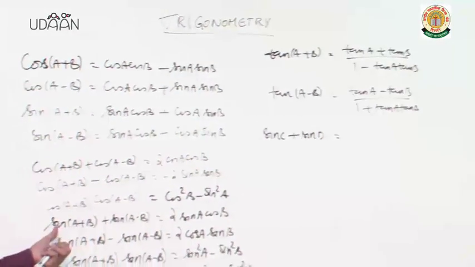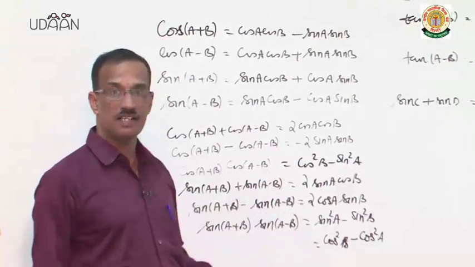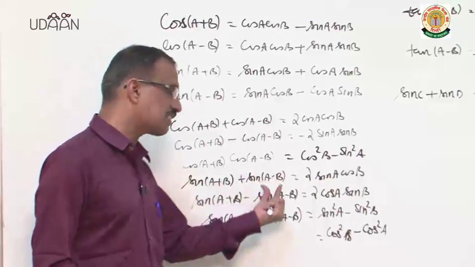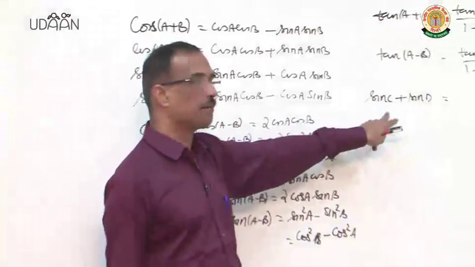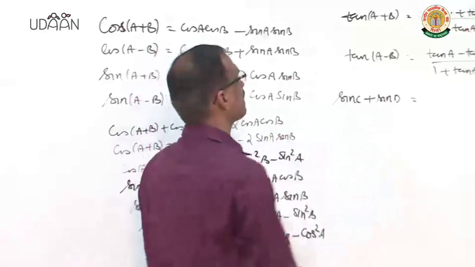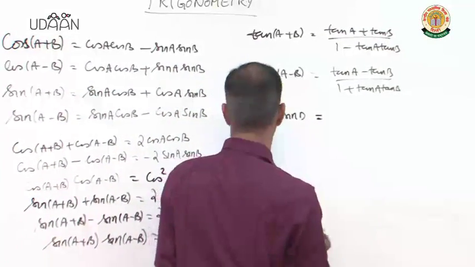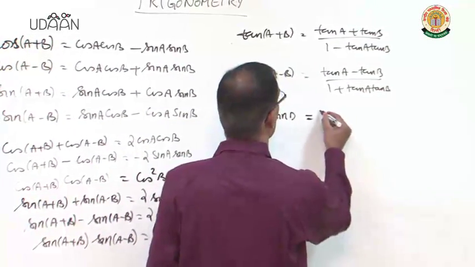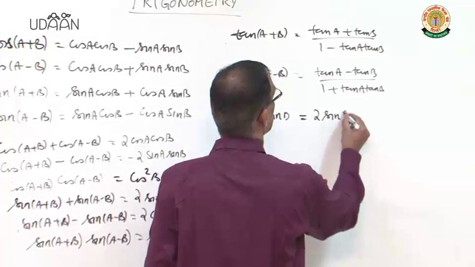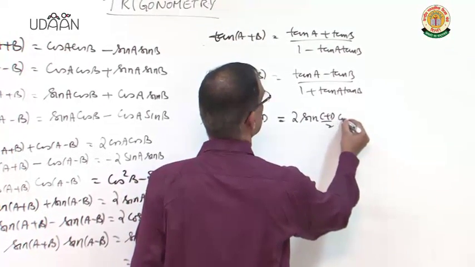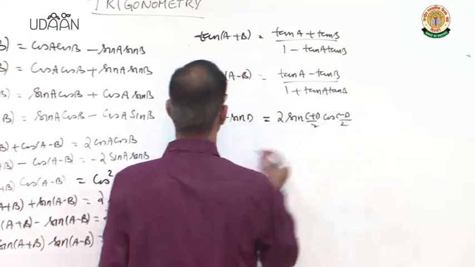Then we get sin C plus sin D. You have here sin(A+B) plus sin(A-B). If you assume this as C and this as D, you get the new formula, sin C plus sin D. It is very important, and in most places we will be using it as 2 sin((C+D)/2) cos((C-D)/2).